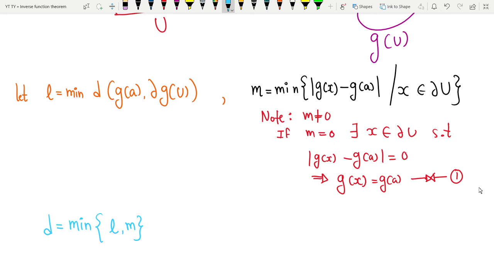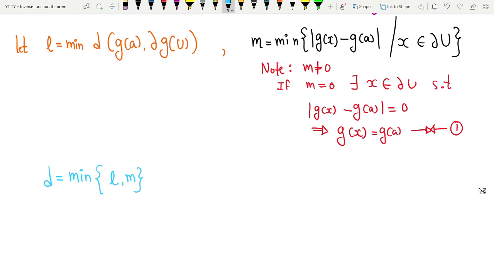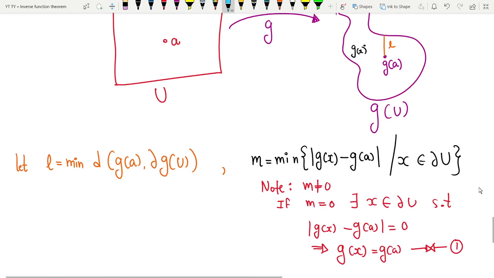Now, by using this, I create a new set W, which is nothing but the ball around my g of a with the radius of d by 2. That means if I try to see this, I will draw a ball around this g of a, and the radius of this ball is going to be d by 2.